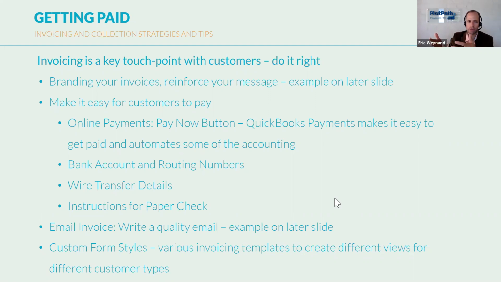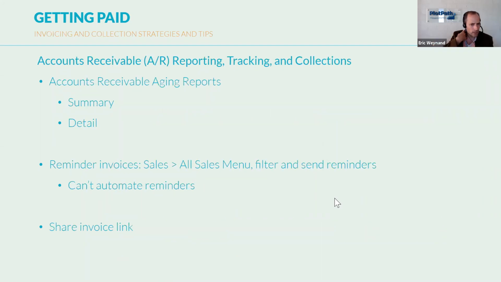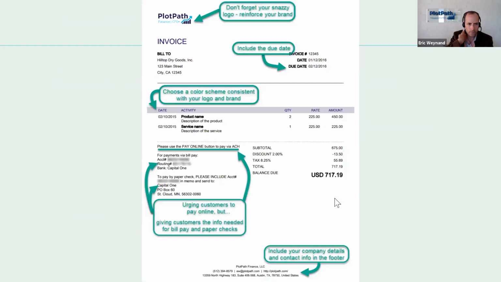So in order to do that, brand your invoices so that you can reinforce your message. Don, jump down real quick to the slide where we've got the, so this isn't awesome branding because it's an accounting firm and you as a designer or whatever your firm is, you can do a lot better. But these are the basics here.